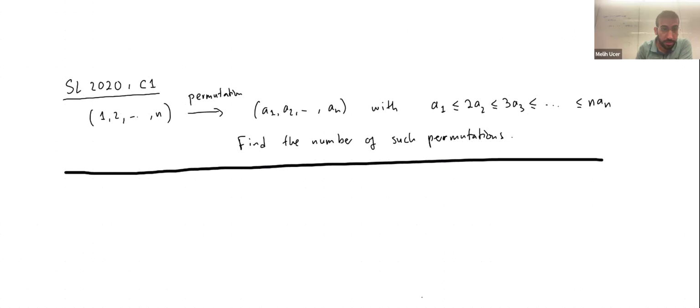So this is what I'm going to write. First, we check small values of n. Two thoughts in mind.